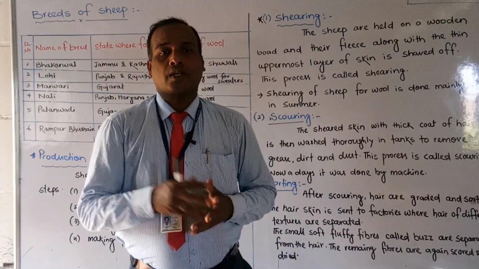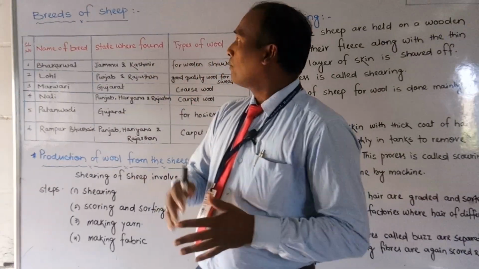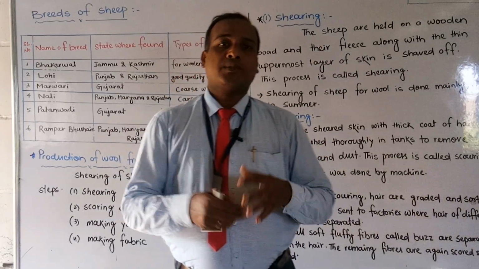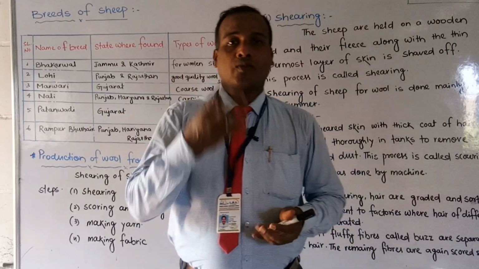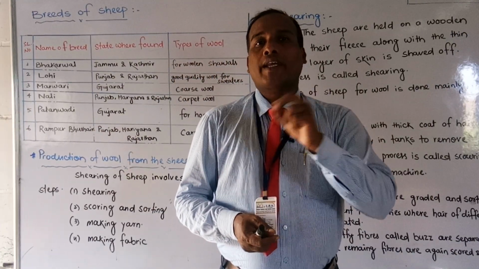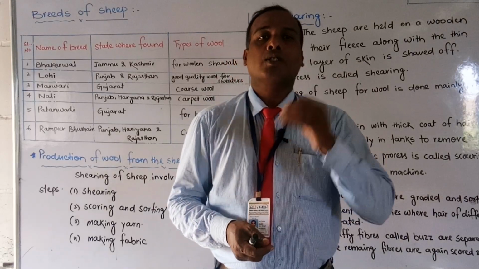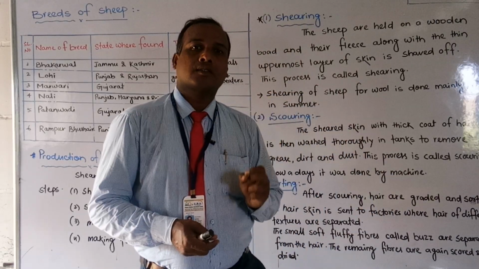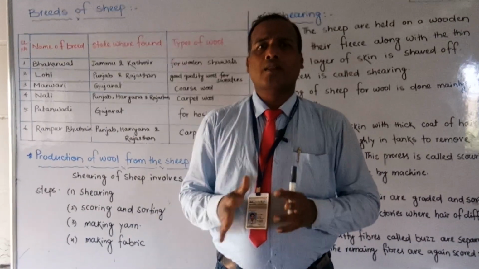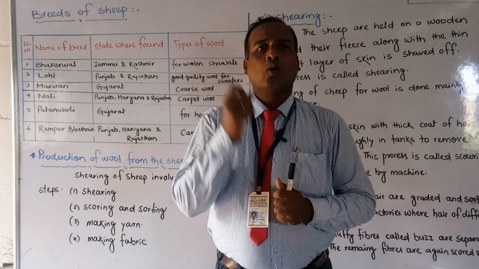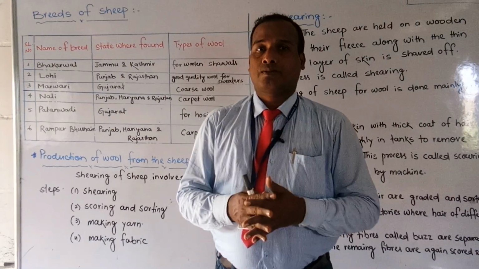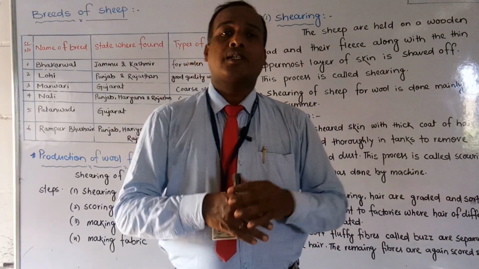Today we are going to discuss the different breeds of sheep, that means the different types of sheep from which we get wool. Generally, we obtain wool from sheep, goat, yak, and camel, but almost all of it comes from sheep. In India, different types of sheep are found in different places.